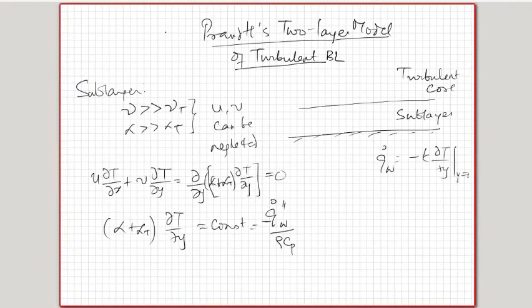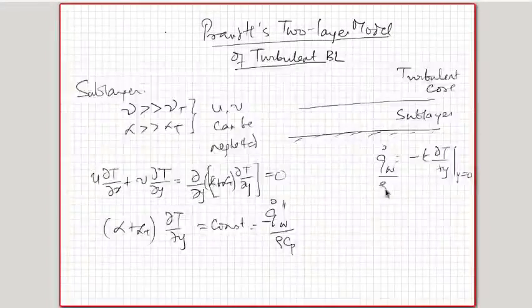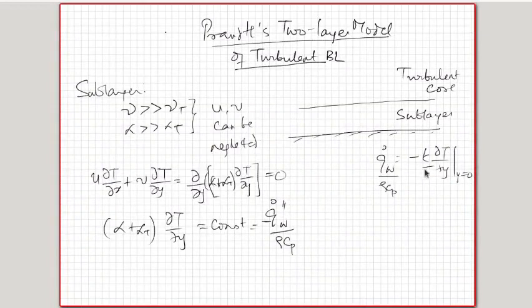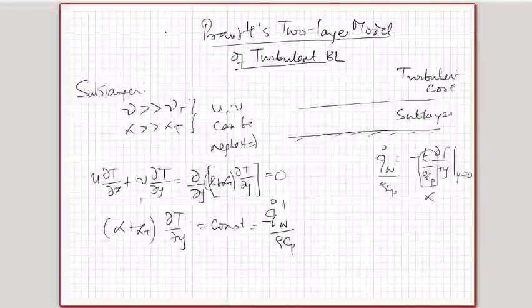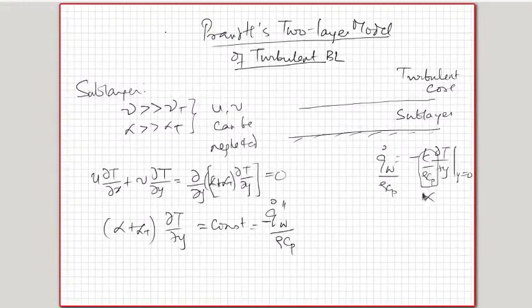If I divide both by rho Cp, I get this as alpha, and at the wall, of course, alpha t is negligible, so very close to the wall alpha t goes to 0, and alpha is k by rho Cp, and the negative sign comes here.